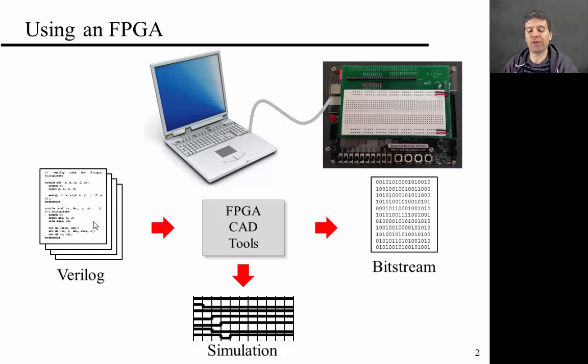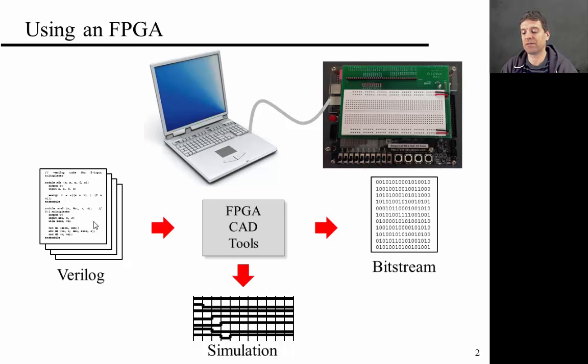Well, what you're really going to do is write code in a language called Verilog. And this Verilog code essentially allows you to do two things. Maybe most importantly, Verilog generates a bit stream, the streams of 0s and 1s that get sent to the FPGAs and make and break connections in that FPGA.